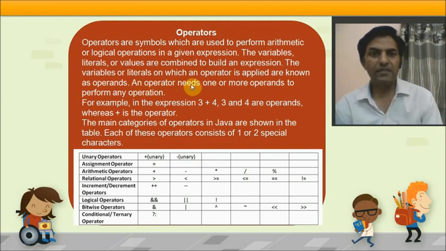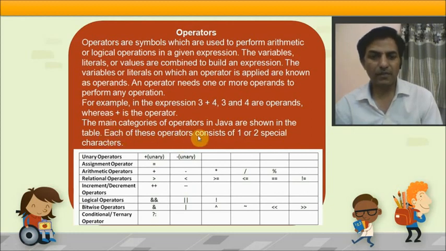An operator needs one or more operands to perform any operation. Let us take an example: in the expression 3 plus 4, 3 and 4 are operands, whereas plus is an operator. The main categories of operators in Java are shown in the table.